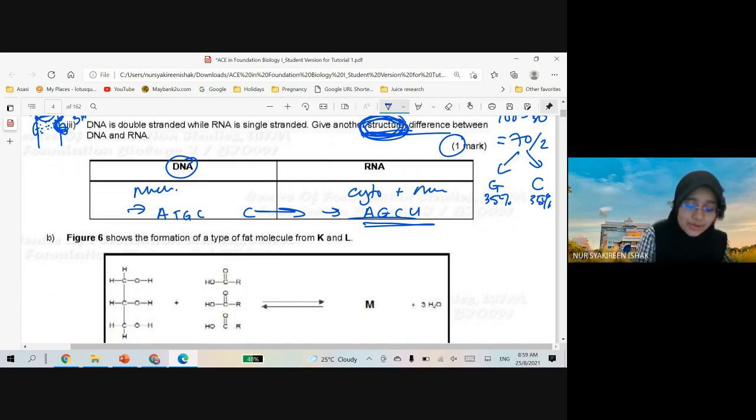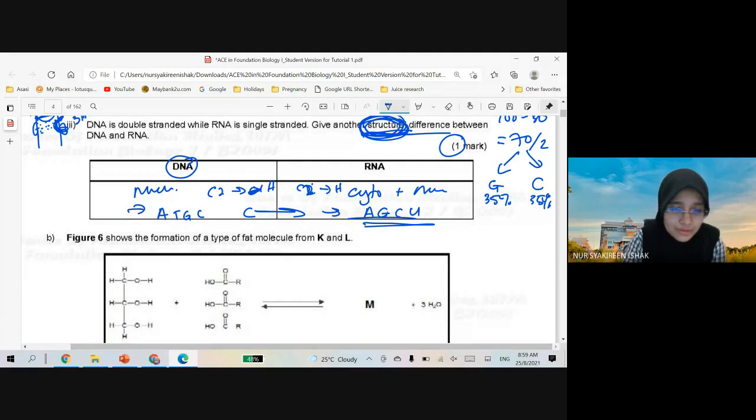Kalau RNA the molecule is smaller kan. So itu boleh one of the answers that can be included lah. Okay, ataupun for the 5 carbon sugar, at carbon number 2 of deoxyribose ada H, kalau RNA ribose ada OH. Okay, kalau at carbon number 2 of the 5 carbon sugar you have the hydrogen.